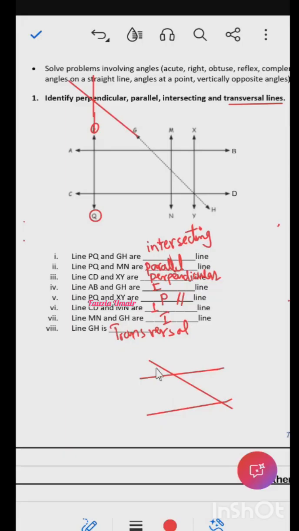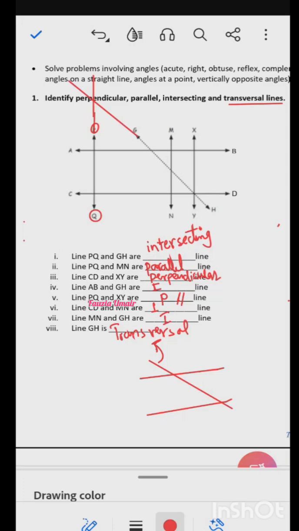A diagonal line which is intersecting two parallel lines is called a transversal line, right? Yes, ma'am.